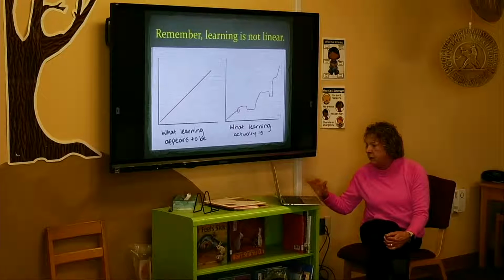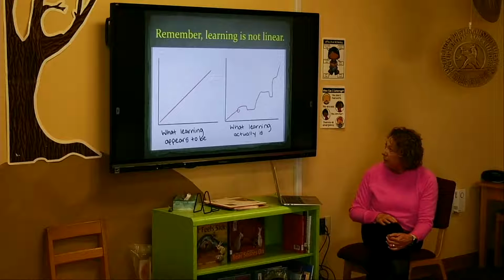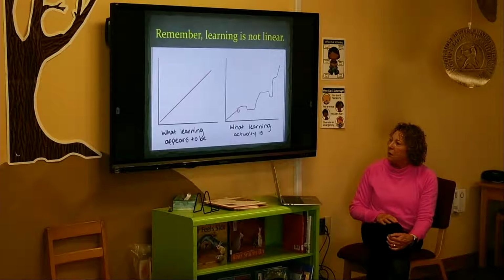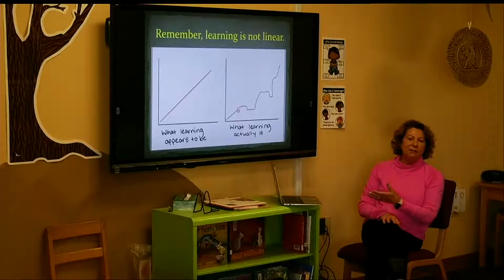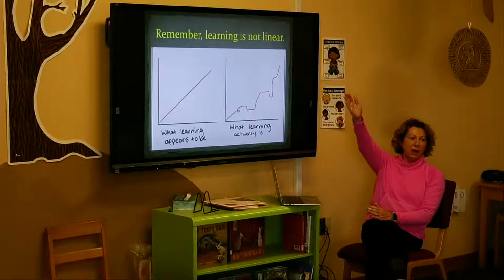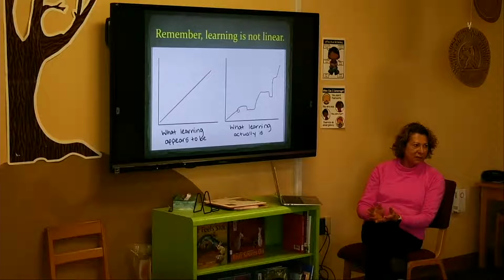Before I move on to actual CTP and milestone score reports, I love this. Beth found this: what learning appears to be and what learning actually is. You'll see this even on the score reports, that we would like to see this great linear progression, but actually kids have so much going on, and learning is not just test focused.